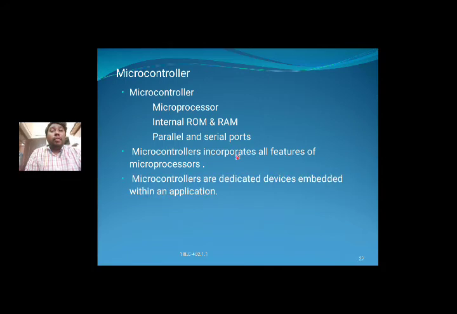The microcontrollers are dedicated devices embedded within an application.